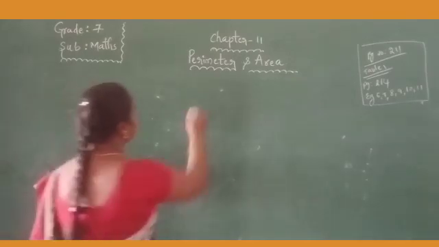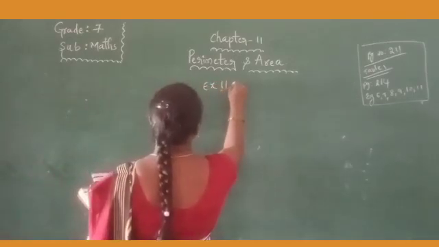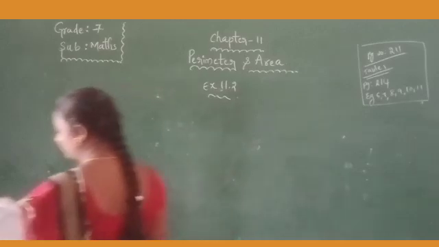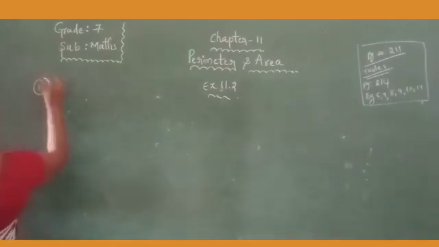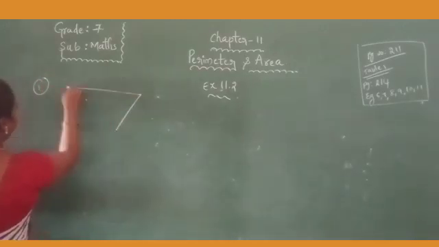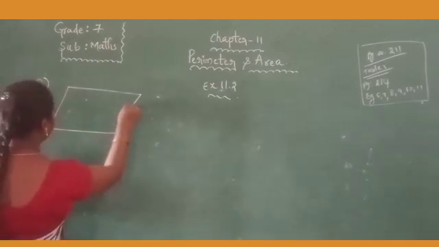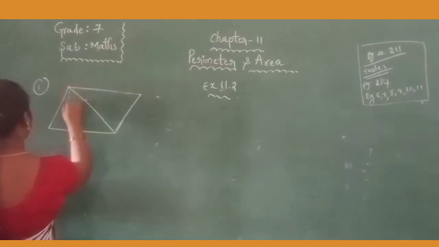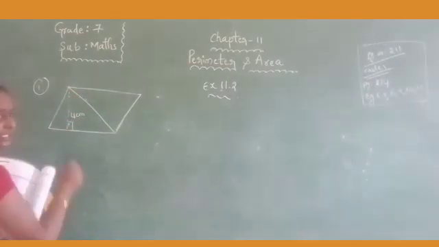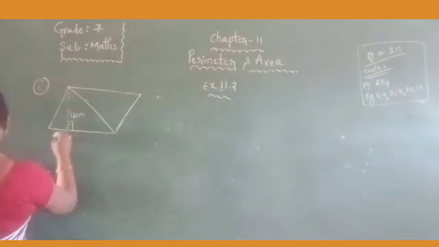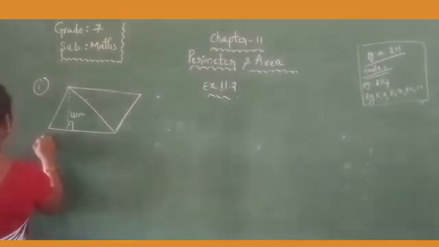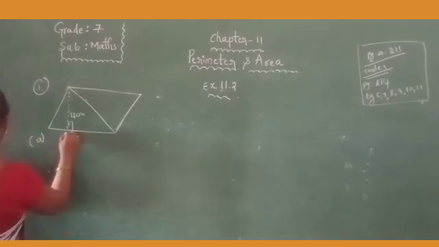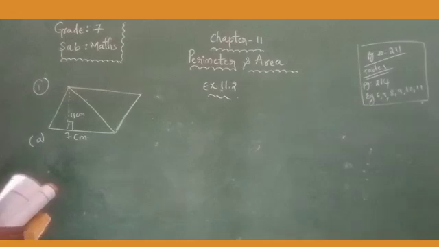Next, keep heading Exercise 11.2. First, see what? Here the parallelogram is given. Okay, the height is 4 centimeters. Now we have to find the area of the parallelogram. In question A, base is 7 centimeters and height is 4 centimeters.